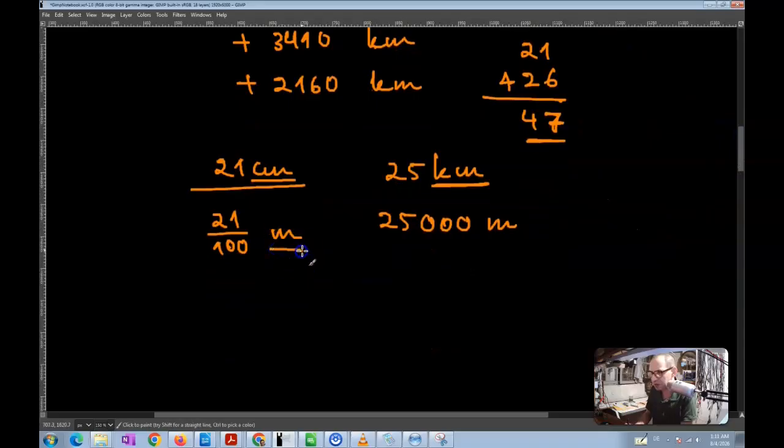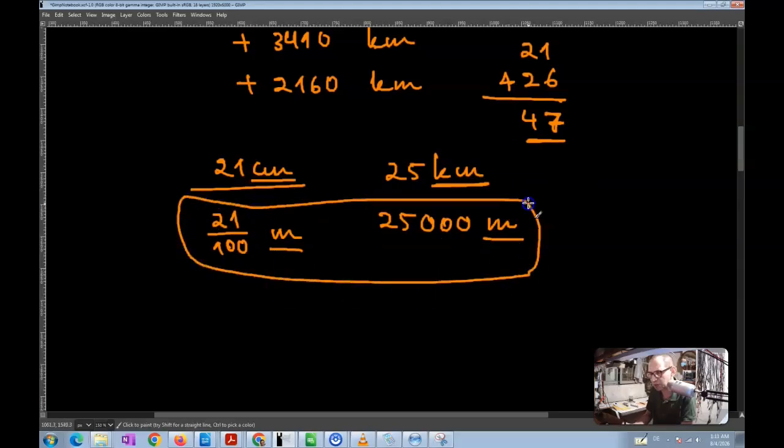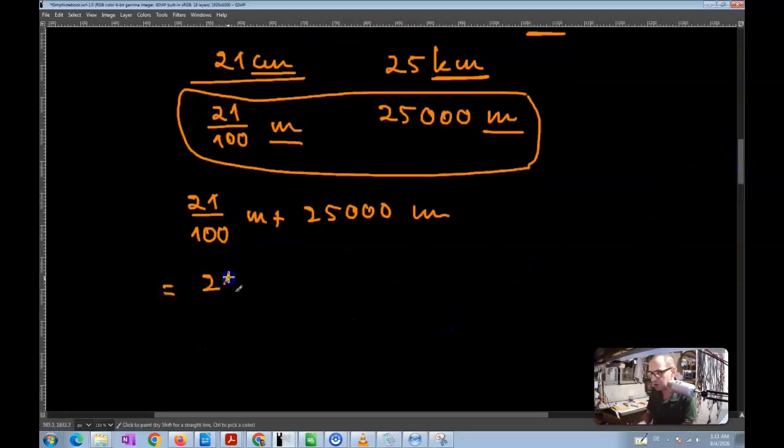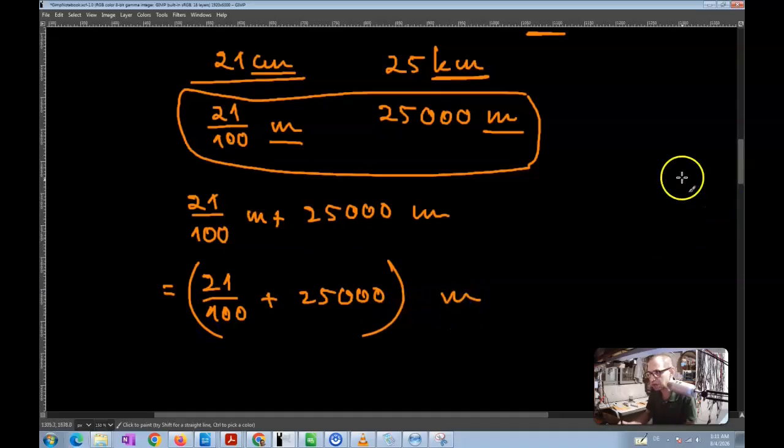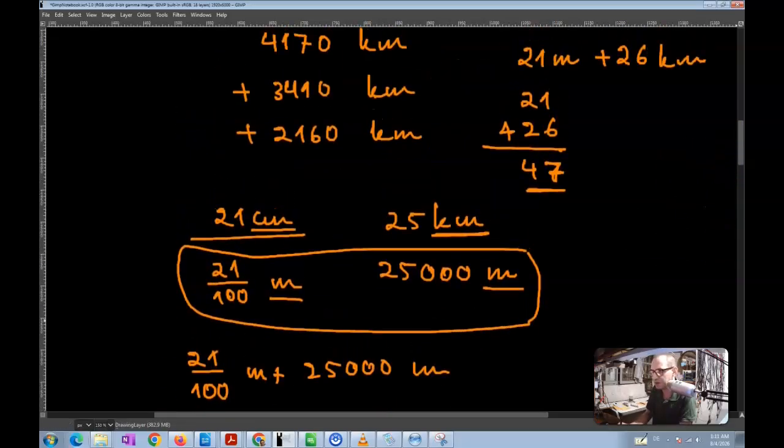Now that I have the same units, I can combine these two together. I have 21/100th of a meter plus 25,000 meters. So I can write this as 2100 plus 25,000, add these two numbers and write it in meters. This I can do without any problems.